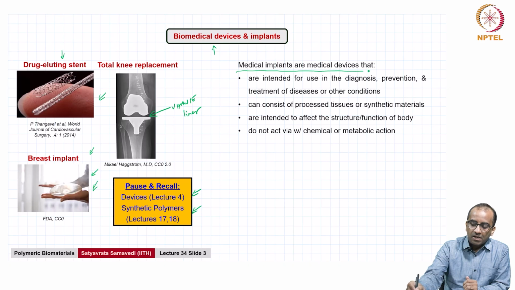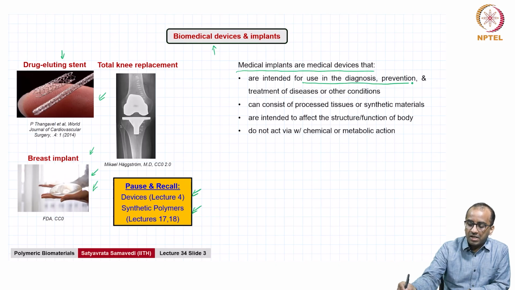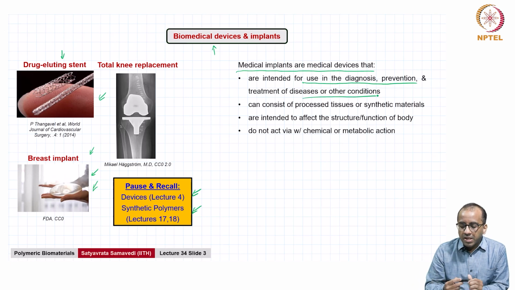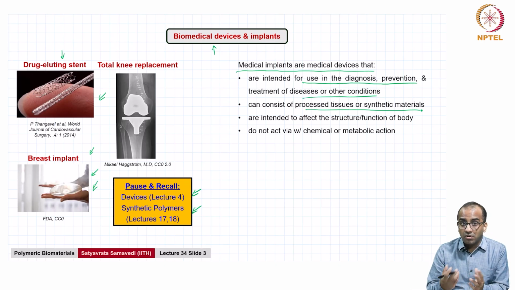Now, looking at medical implants and devices, it will be good for us to look at formal definitions of what they are. They are essentially intended for use in the diagnosis, prevention, treatment and cure as well of diseases or other conditions. They can consist of processed tissues or synthetic materials, although we are looking at synthetic materials here, they can also consist of processed tissues.